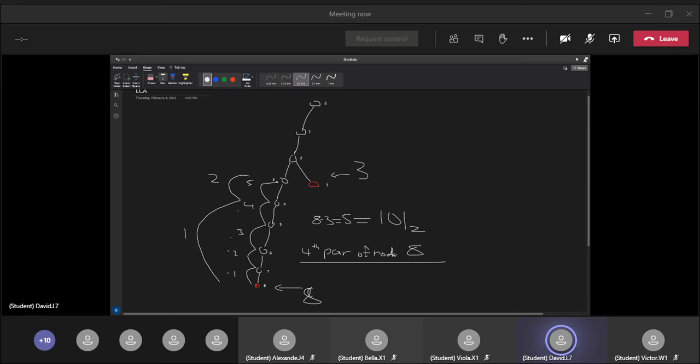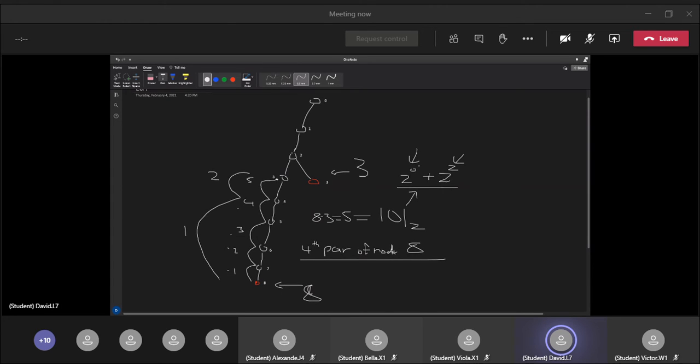So basically what this tells us is that in order to make 5 jumps, we need to make a jump of size 2 to the 0 plus a jump of size 2 to the power of 2. And we know how to do this. Our DP state tells us what the 2 squared parent of a node is. It also tells us what the 2 to the 0th parent of a node is.